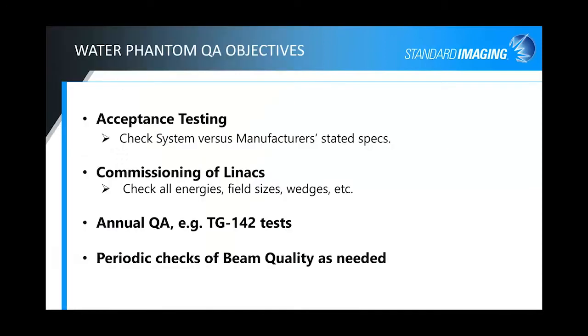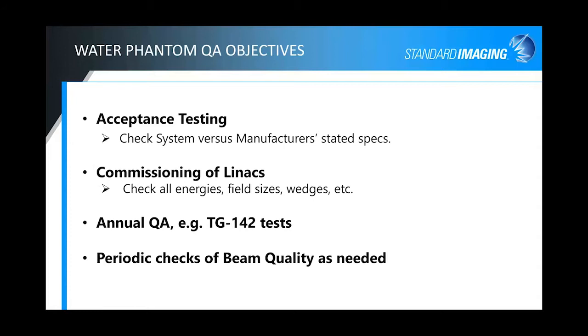So, water phantom objectives: obviously acceptance testing, checking your systems versus the stated specs of the manufacturer; commissioning the Linac, getting all your energies, your field sizes, your wedges, etc., for placement into the treatment planning system and comparison there; your annual QA, for example your TG-142 tests; and then your periodic checks of beam quality as they're needed.